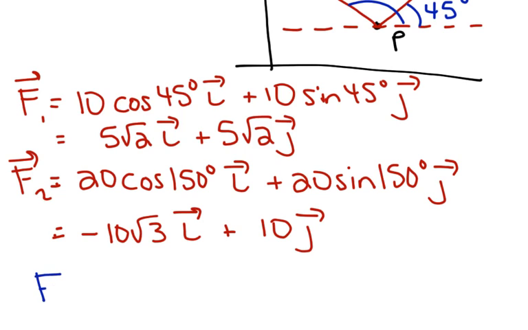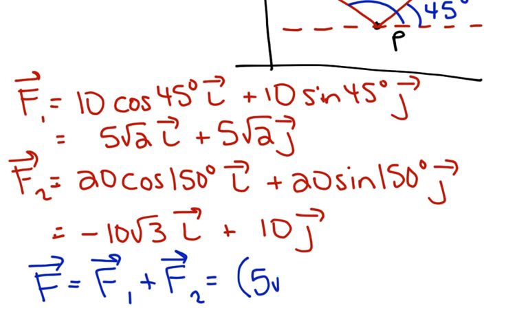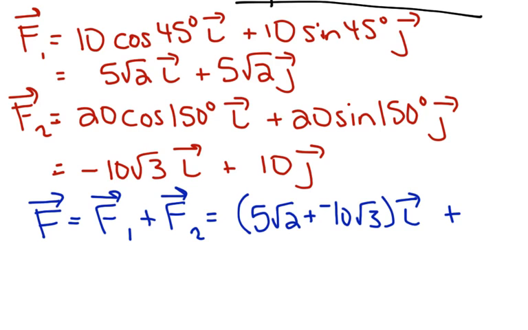The resultant force will be the sum of these two forces. So the sum is going to be 5 square root of 2 plus negative 10 square root of 3 i, plus 5 square root of 2 plus 10 j.